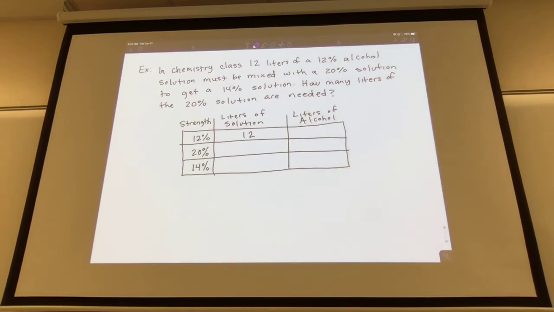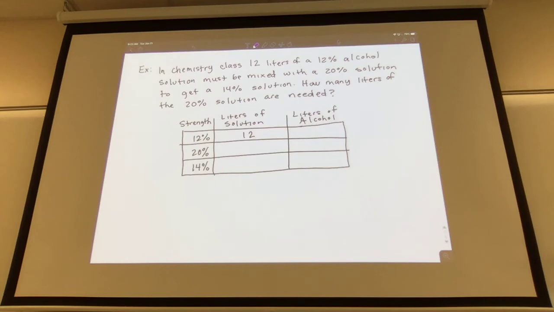How many liters of the 20% are needed to make that happen?